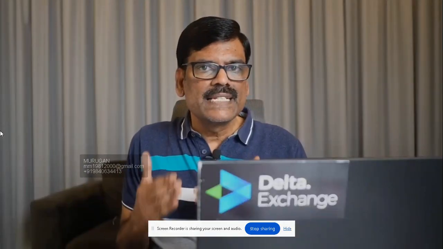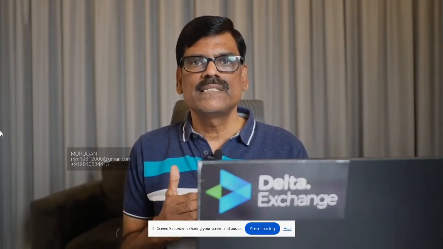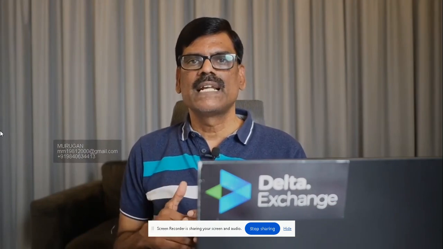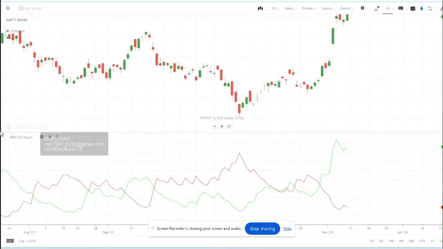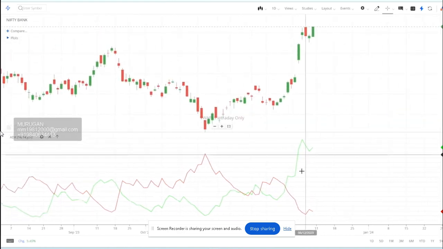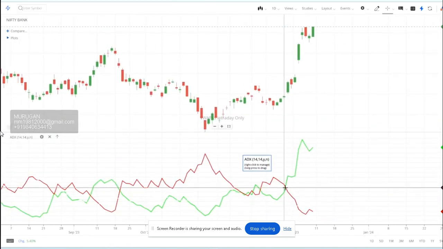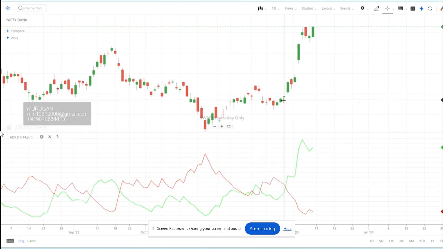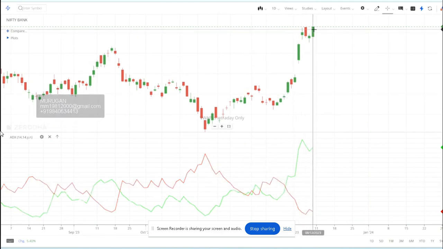If the green line is above the red line, it is bullish. If the green line is below the red line, it is bearish. And you can see that in the last few days, the green line has gone above the red line. See how bullish this is. So this is the interpretation.